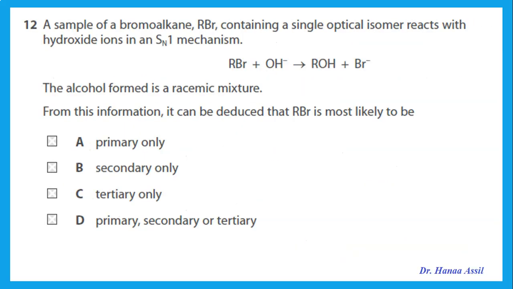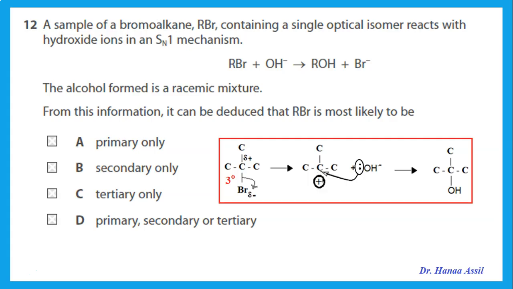A sample of bromoalkane containing a single optical isomer. So we're talking about something that is optically active, reacts with hydroxide ions in an SN1 mechanism. Now, what is SN1 mechanism? You should remember that this is the SN1 in which we have the halogenoalkane changing to alcohol.